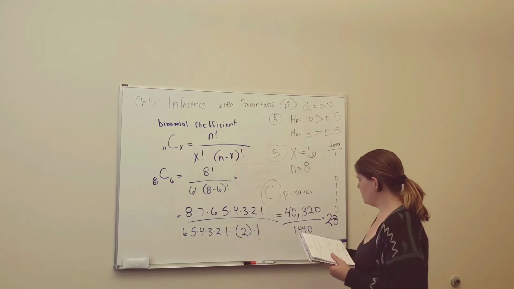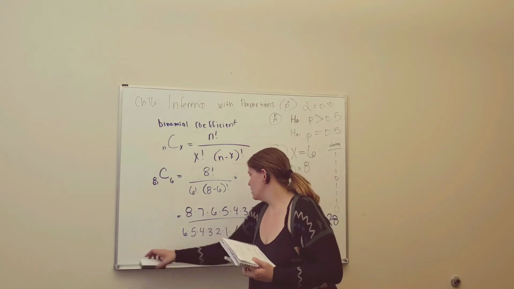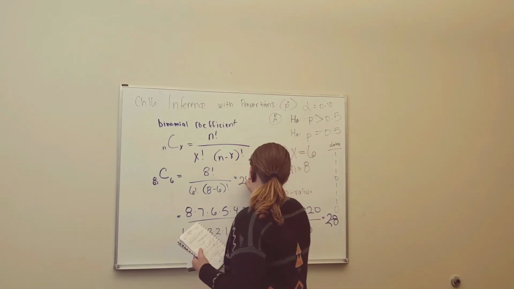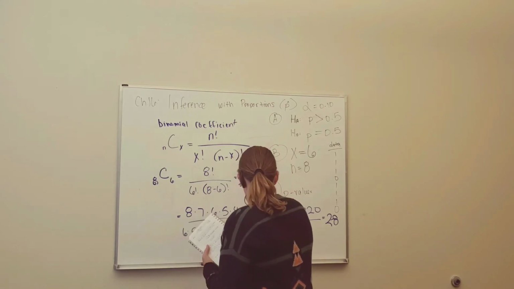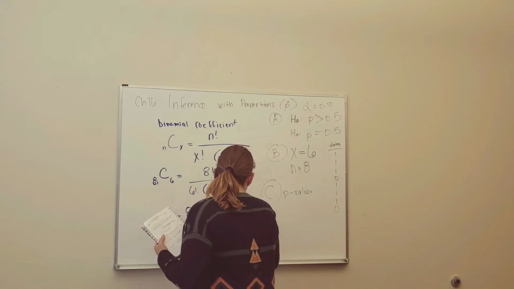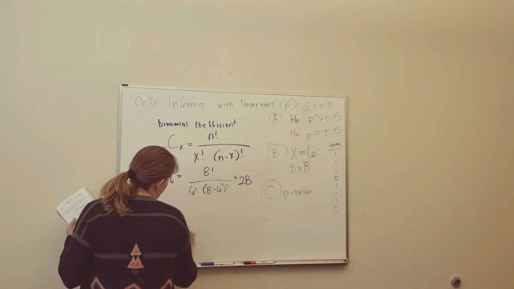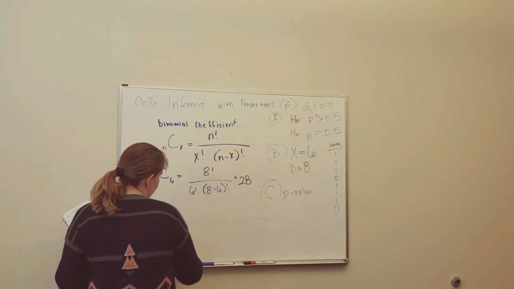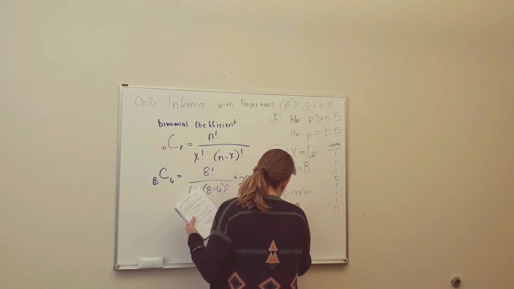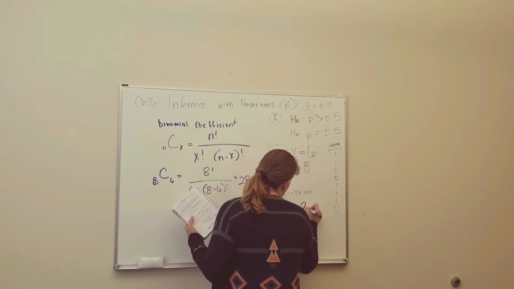So for our p-value, we have our first binomial coefficient, 8C6 equals 28.